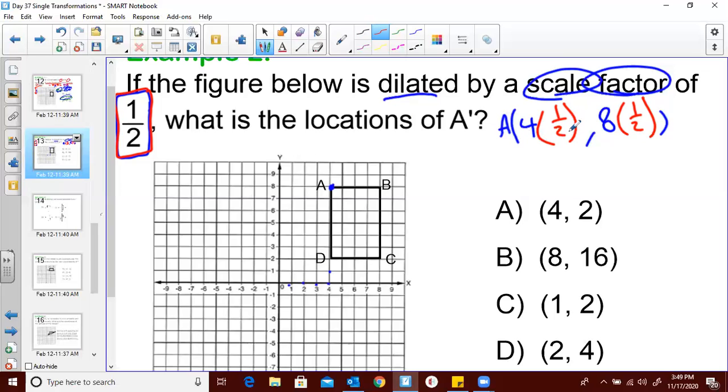You don't want to accidentally get a scale factor of 3 and then divide by 3, right? We're always going to multiply. Plus, you can put 4 times 0.5 or 4 times 1/2 in Desmos. So our A prime is going to be 2, 4. See that our answer is D.